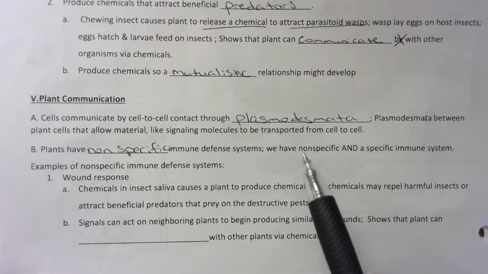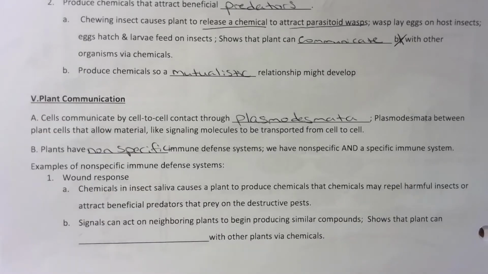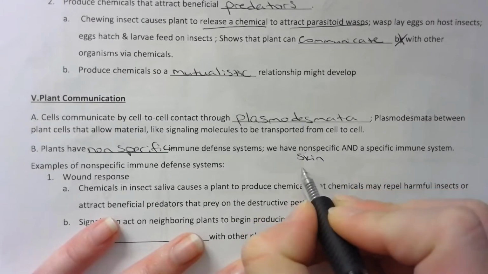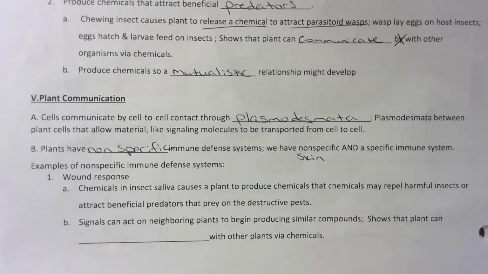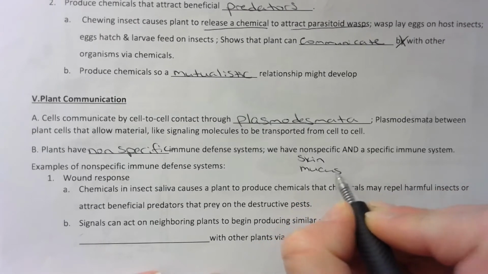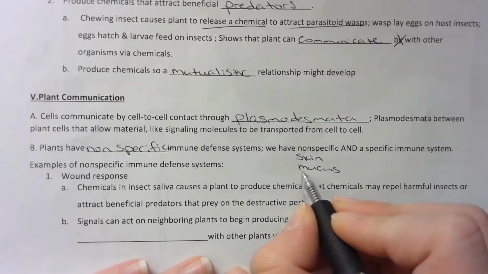So something in general for humans that will just repel, or rather protect us from pathogens, includes skin, mucus of various orifices, and temperature.